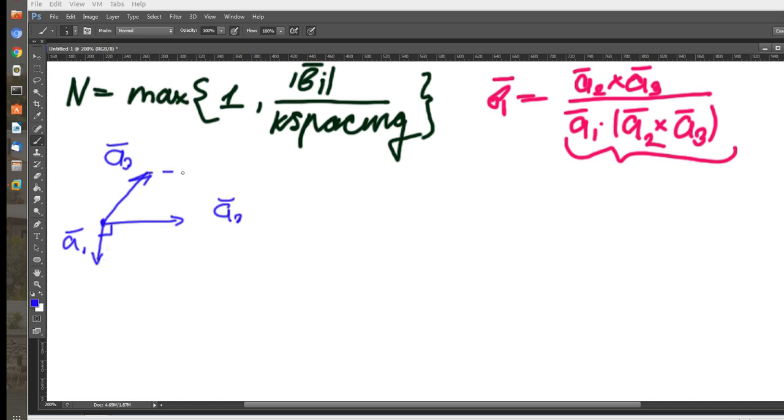And the unit cell itself should have such kind of shape.